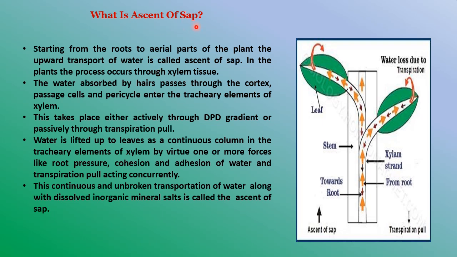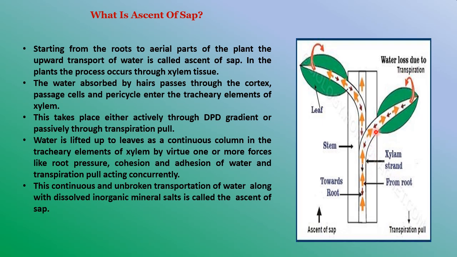So actually, what is the ascent of sap? Starting from the roots to the aerial parts of the plant, the upward transport of water is called ascent of sap. In the plant, the process occurs through xylem tissue. The water absorbed by root hair passes through the cortex, passage cells and pericycle, and enters the elements of the xylem.